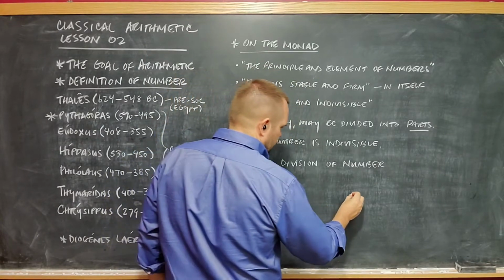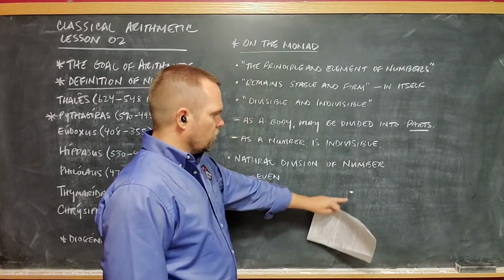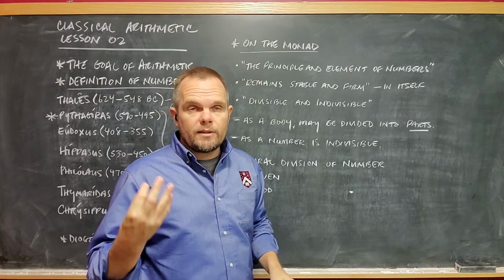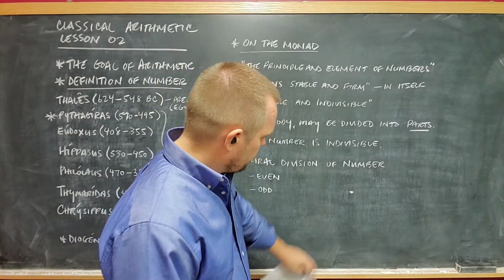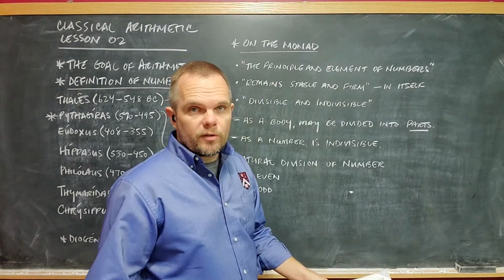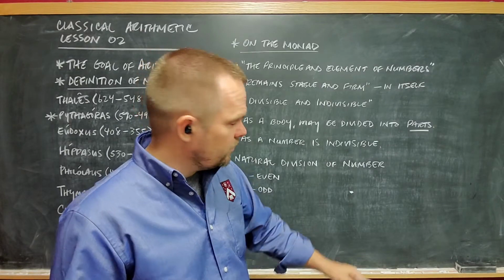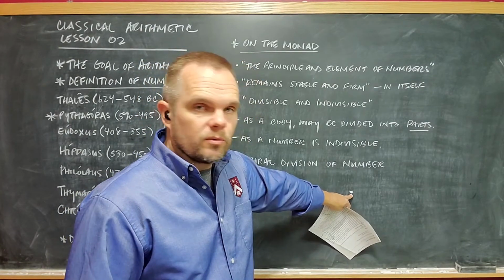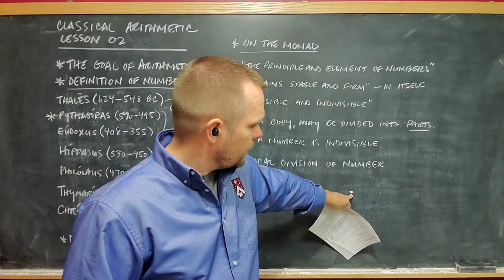If we take the monad, or number 1, and imagine it as a point, 1 point. Okay, we have the point, which is the first figure we learn about in geometry. So let's use a point to symbolize the monad, or 1.